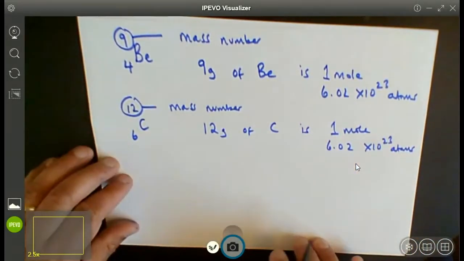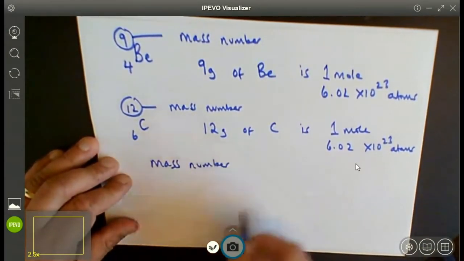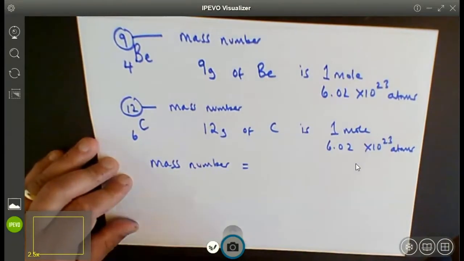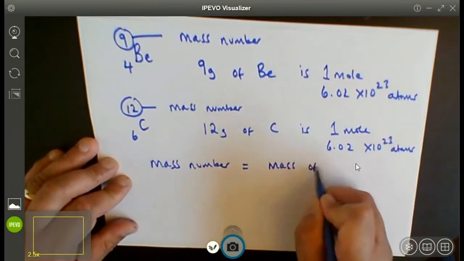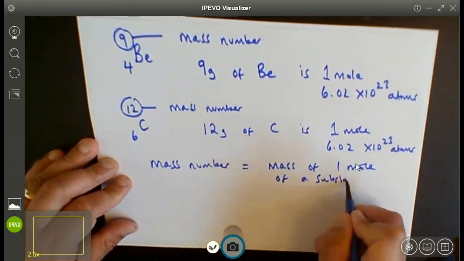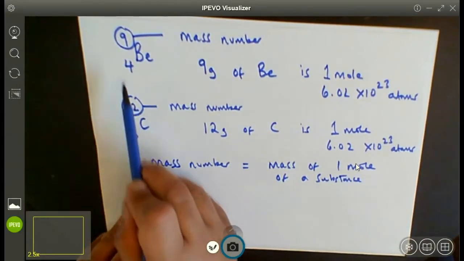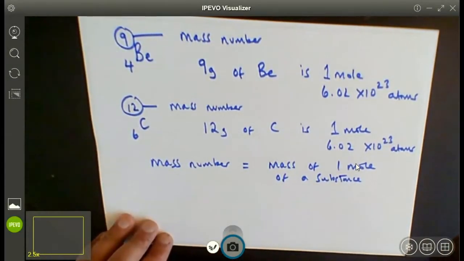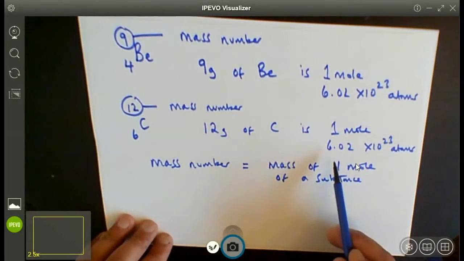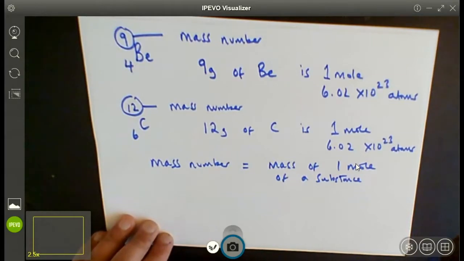So the mass number is equal to the mass of 1 mole of a substance. That means that if you weigh out according to the mass numbers of any of the elements in the periodic table, that is the mass to get 1 mole of a substance. So therefore you would know exactly how many atoms you'd have there. You'd have 6.02 times 10 to the 23 atoms.